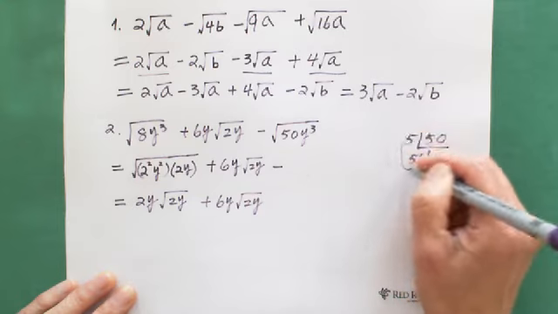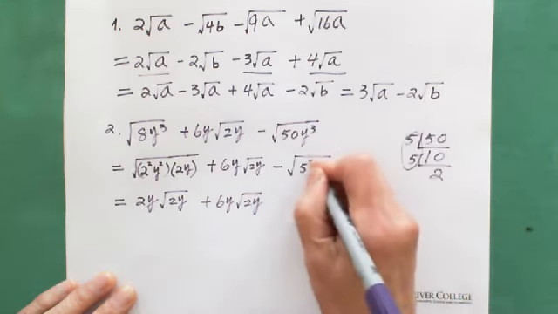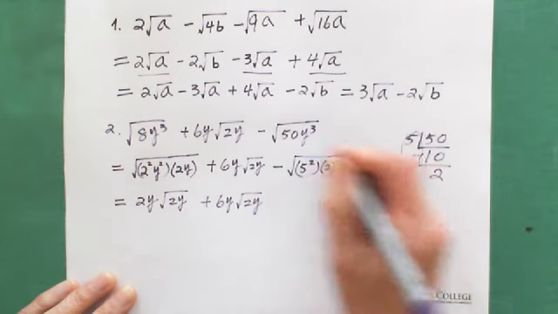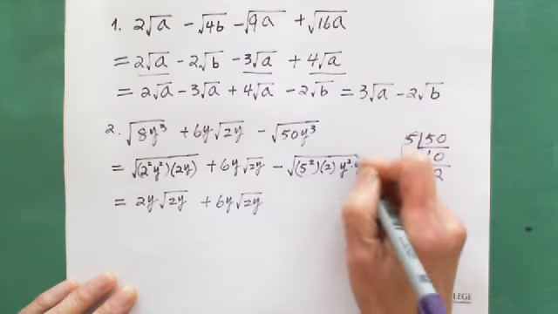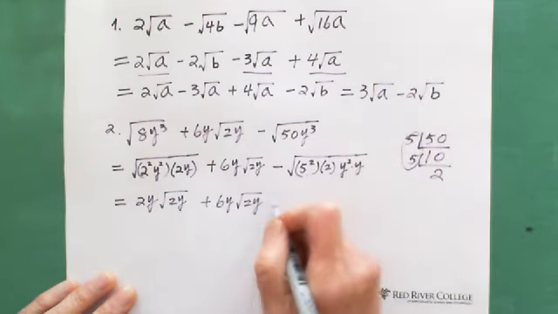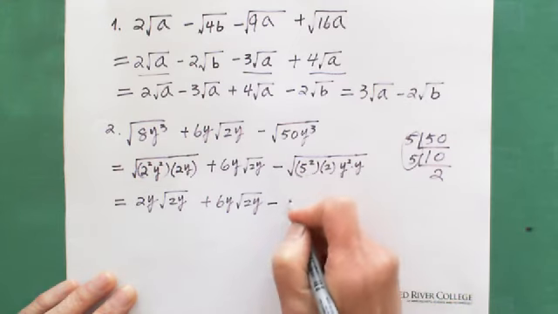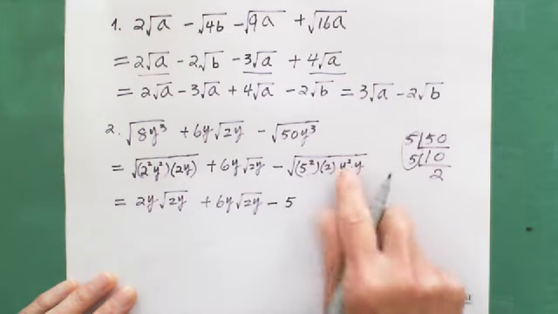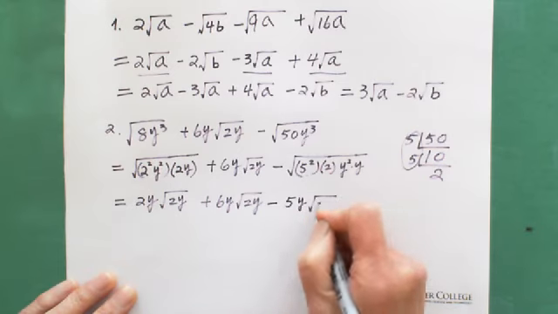A pair of 5, which we write as 5 squared times 2. And y cubed we can write as y squared times y. So 5 squared gets out of the radical as 5, and y squared gets out of the radical as y. The 2y stays.